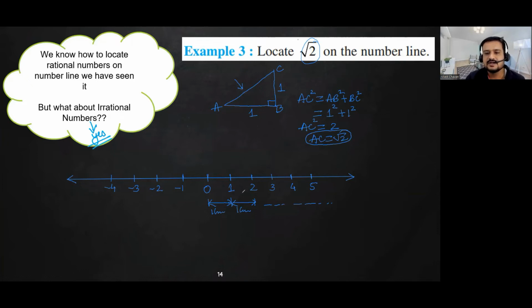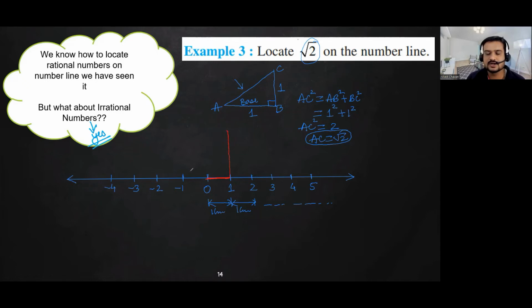Now how to plot it on the number line? Let's see it. The base of this triangle, AB, is the base. What is the base of this triangle? It is equal to 1. So take a distance of 1 here on this number line. Then from this point we will draw a perpendicular line, and we know how to draw a perpendicular line.